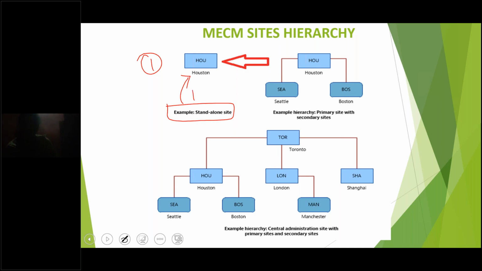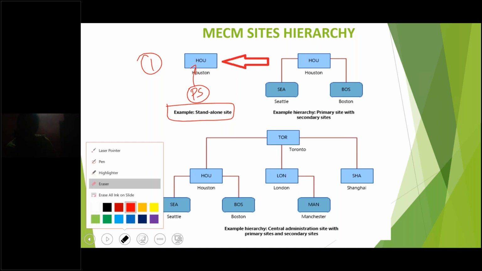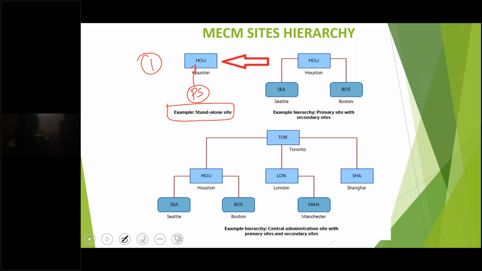So one single primary site is needed, and that is going to manage all the machines in Houston. So this is called a small size company wherein SCCM is managing all the devices in one location.